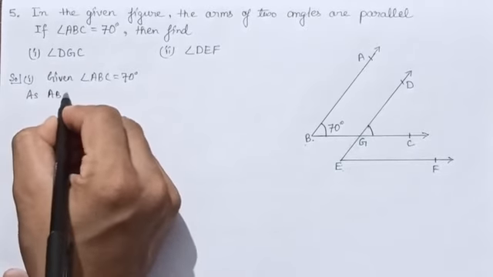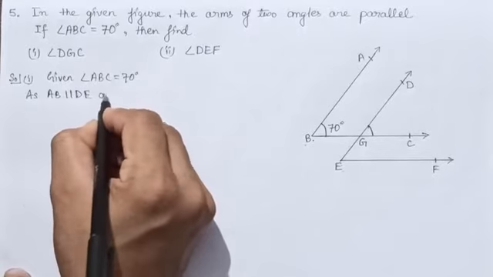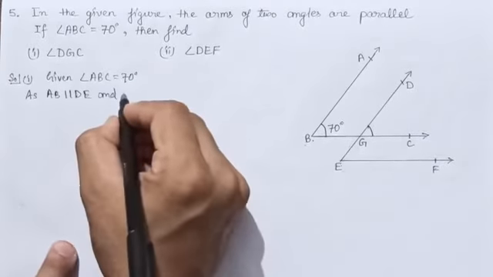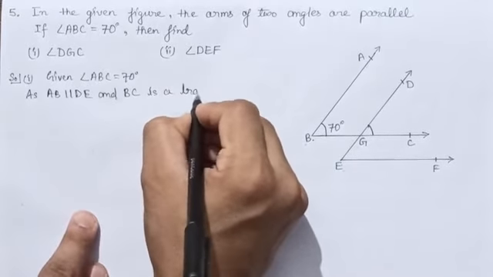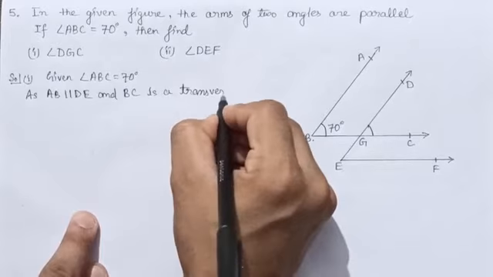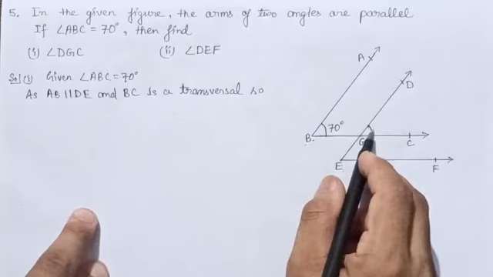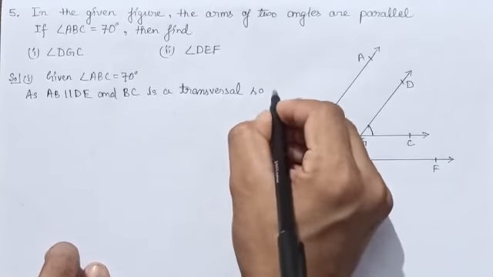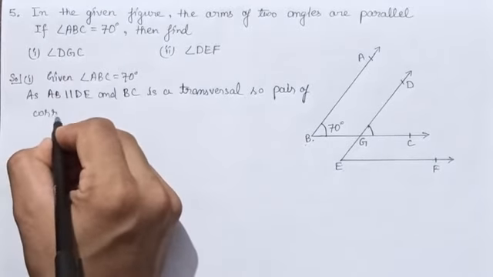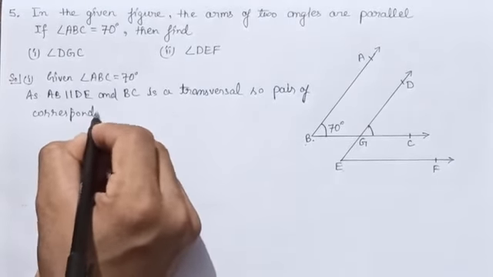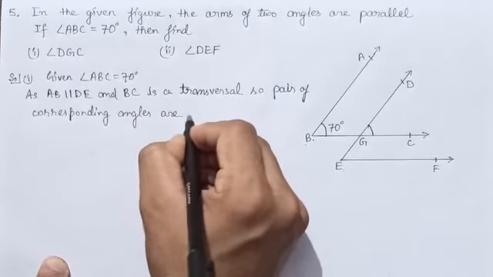So we can write, AB is parallel to DE and BC is a transversal. So corresponding pairs of angles are equal.